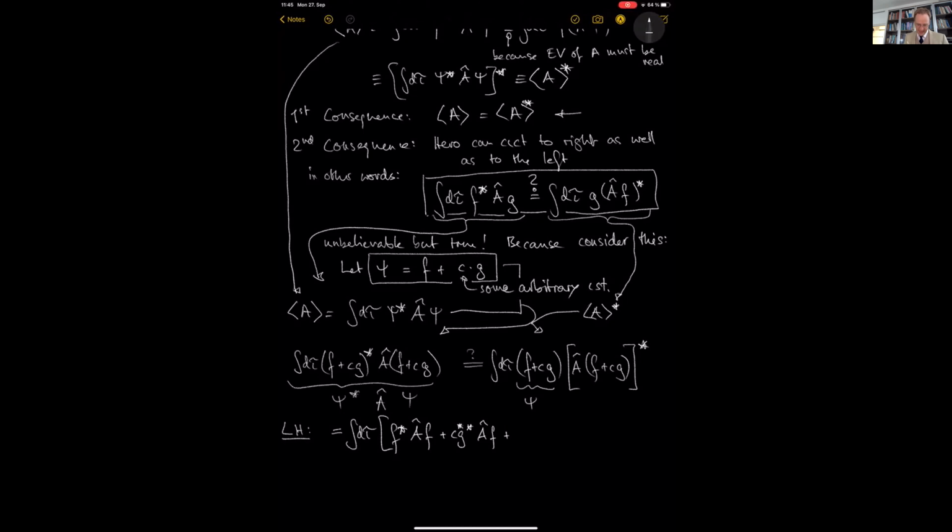Now A acts on CG, so I pull the C in front of it, and then I come from left with my F star, and then my A acting on G. Okay, and then I have the term with the two C's. So one is complex conjugate, then I have my complex conjugate G, and A acting on G again. Okay.